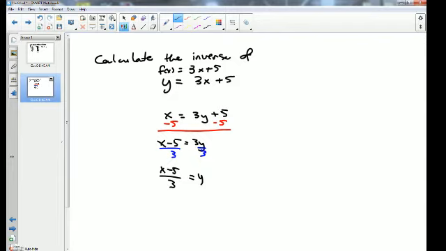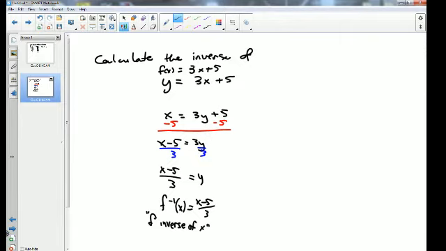To be totally proper, we would write f inverse, which means inverse. So if you hear me say f inverse of x, that's what I mean. Oh, I forgot to solve for x. Wait, solve for y.